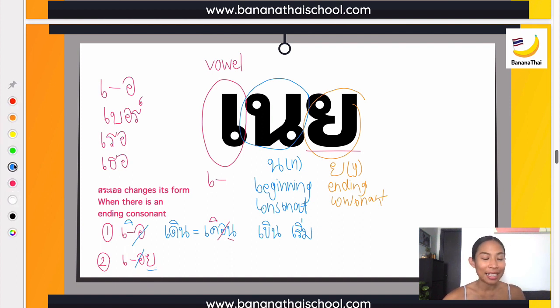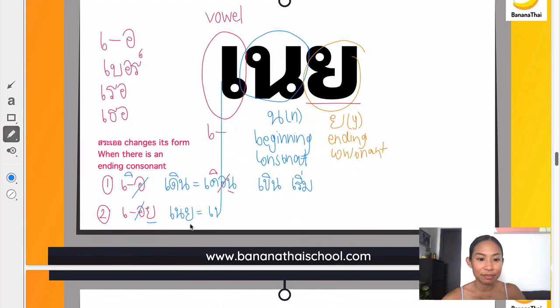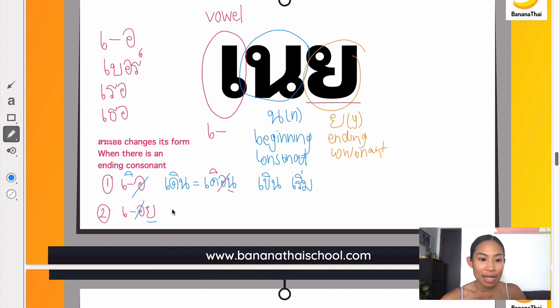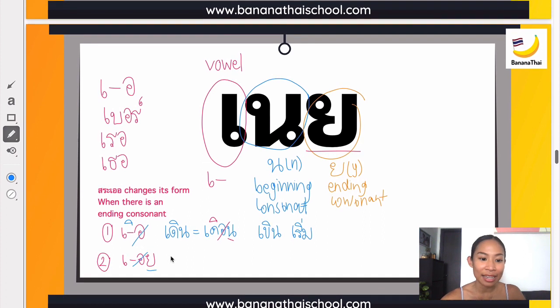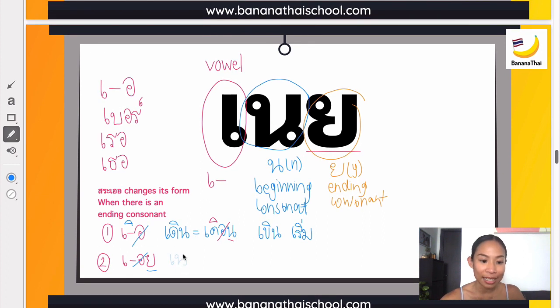That's why เนย, butter, is written like this, not like this. You might think it's supposed to be like this, but it just disappears, and there is no need to put สระอี on top.